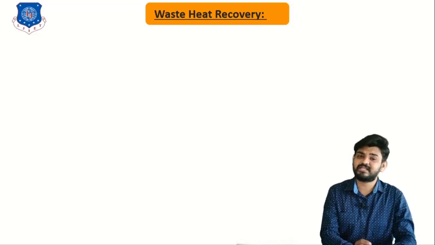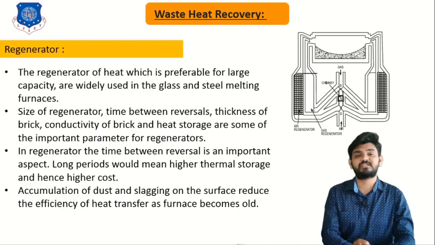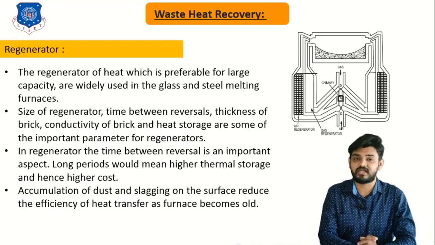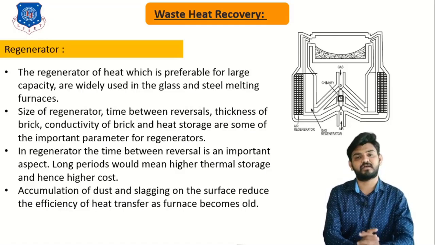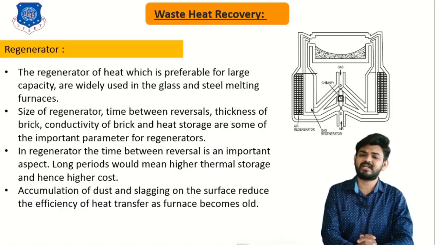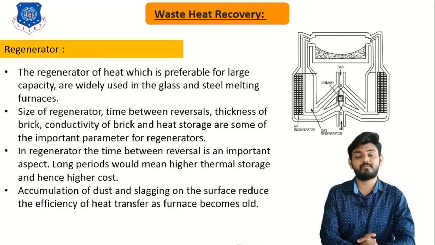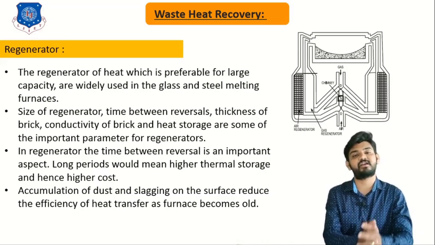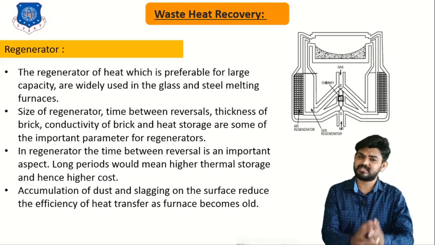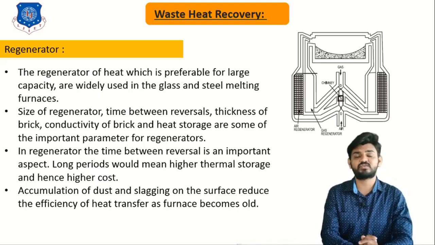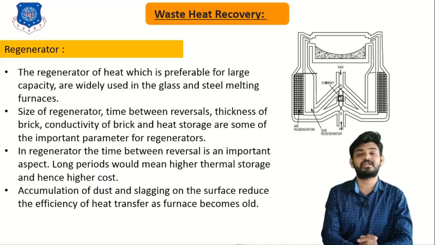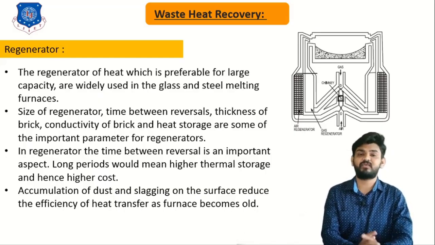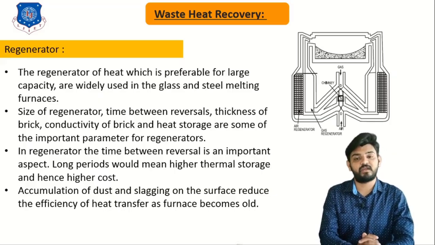Now, let's understand the second type of device which is majorly used in industry, and that is the regenerator. Regenerators, preferably for large capacity, are widely used in glass and steel melting furnaces. Such regenerators are widely used in industries involved in glass and steel melting, so that we can recover a large amount of heat.